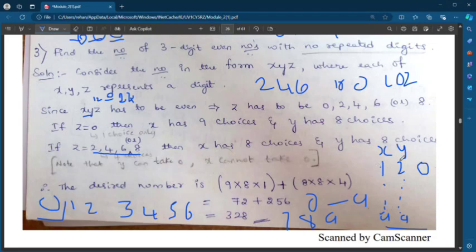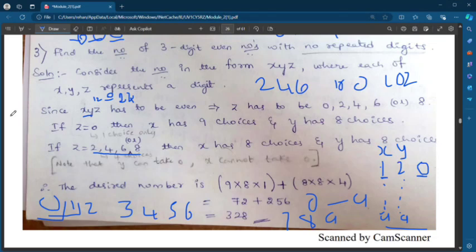But in the y place, I can use 0, but I cannot use 1. So it is 10 minus 2. Ten means 0 to 9, and in that these two digits are gone, so only 2 to 9, that is 8, are there.